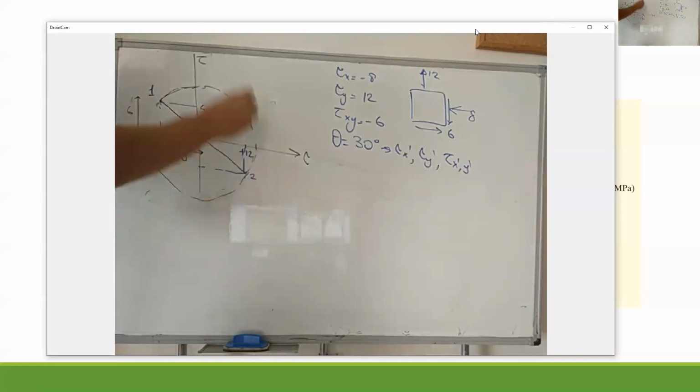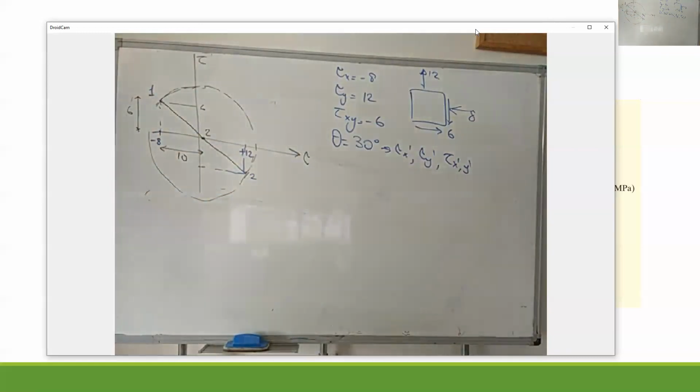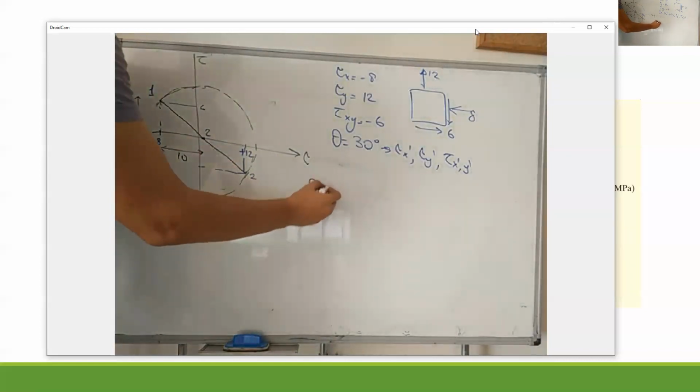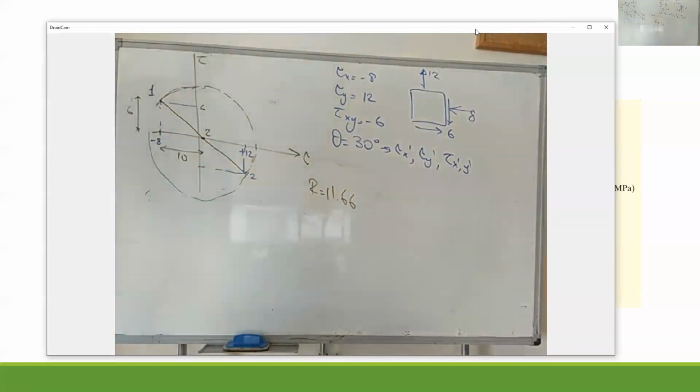I don't need to find the sigma 1 and sigma 2 values, I just need to know r is equal to 11.66. So I also need to find the angle.